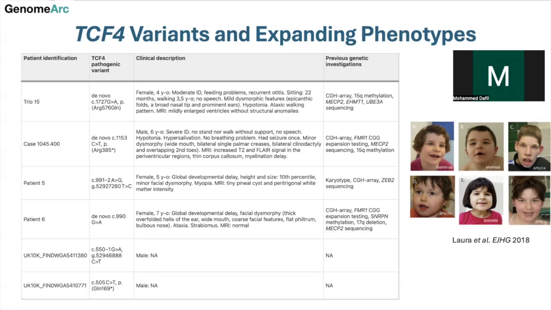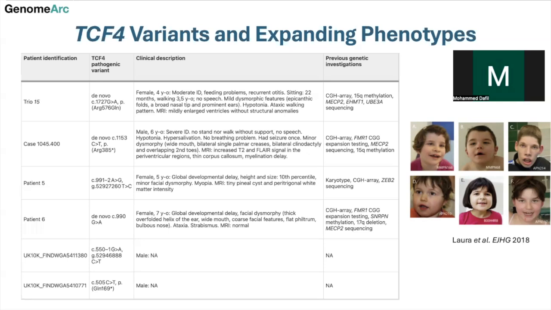And interestingly, all 4 that we have detailed phenotype or clinical information on show a lot of overlapping features, but there are also unique phenotypes attributable to what type of mutation, where it is in the gene that gets mutated, and also the genomic background that contributes to the phenotype.